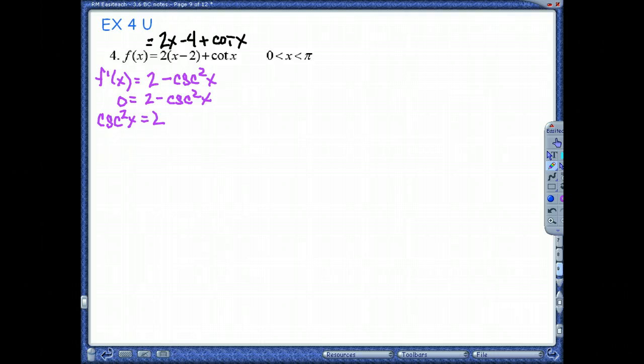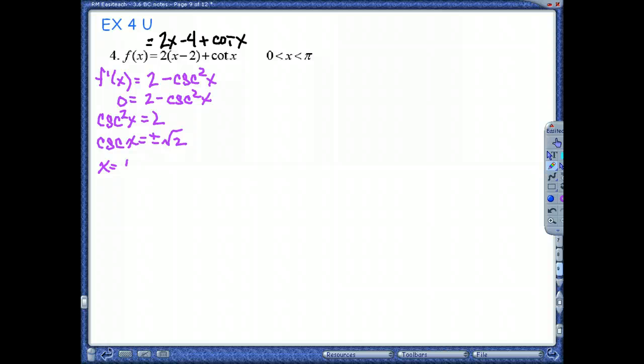When I square root both sides, I'm going to get cosecant of x equals plus or minus square root of 2. If you're not good at cosecant, you can change that into 1 over sine. So if you take the reciprocal of the left side and the reciprocal of the right side, you're going to get sine is equal to 1 over square root of 2 and negative 1 over square root of 2. Either way, you're going to come up with the same critical points.